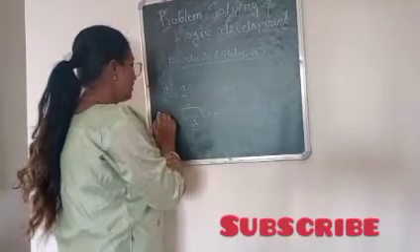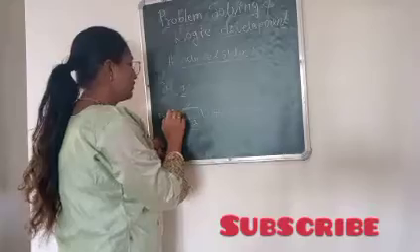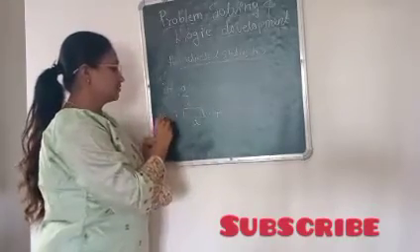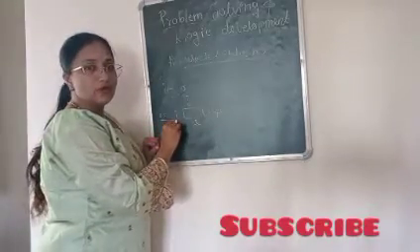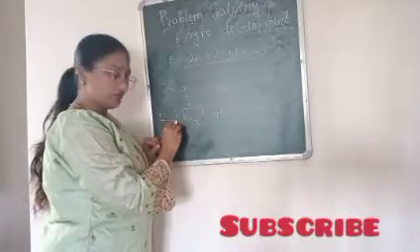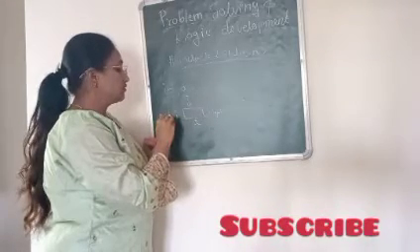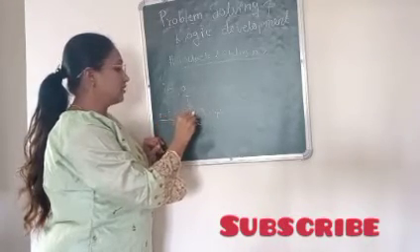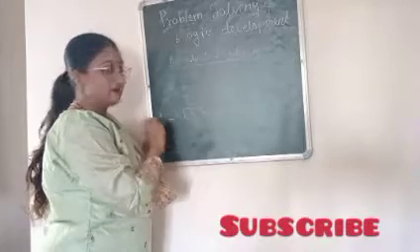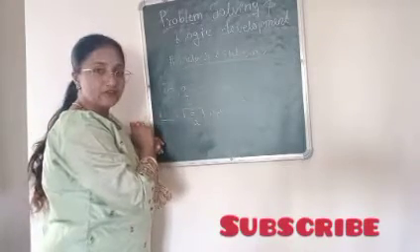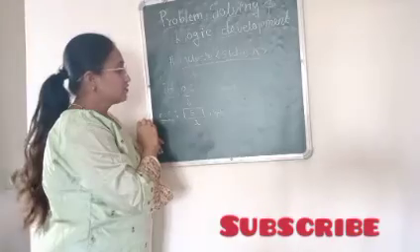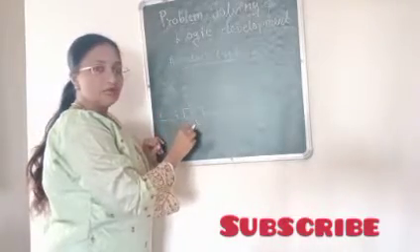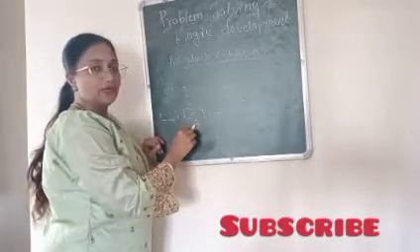Next, if I write a equals 5, what is this? This is assignment or initialization of the variable. The value 5 gets stored at the address of a. This is for a variable of type integer.